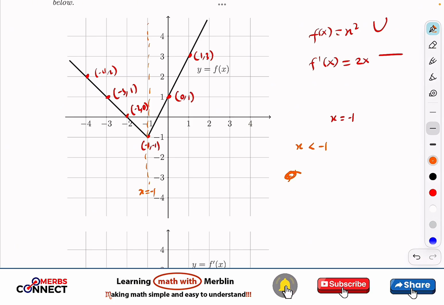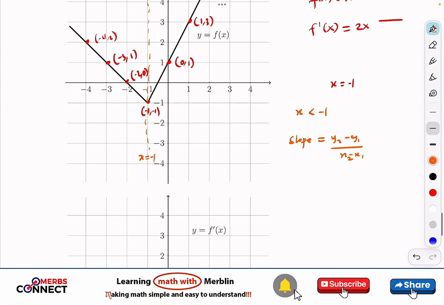Slope is change in y over change in x. So let's pick 2 points. I can pick this point, (-2, 0), and (-3, 1). I'm going to have 1 minus 0 divided by -3 minus -2.